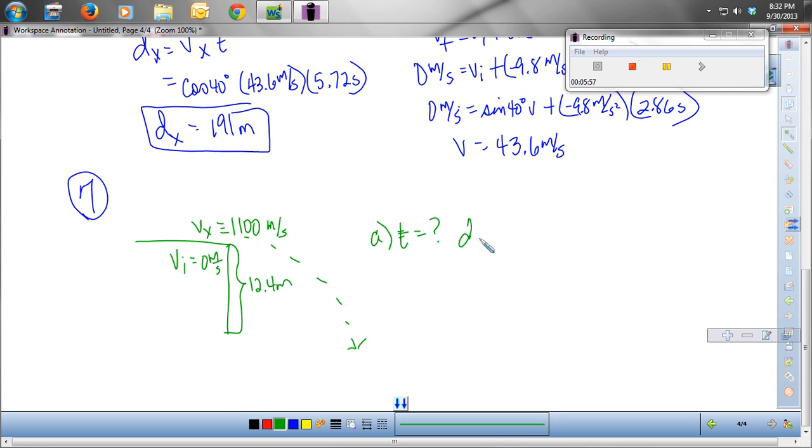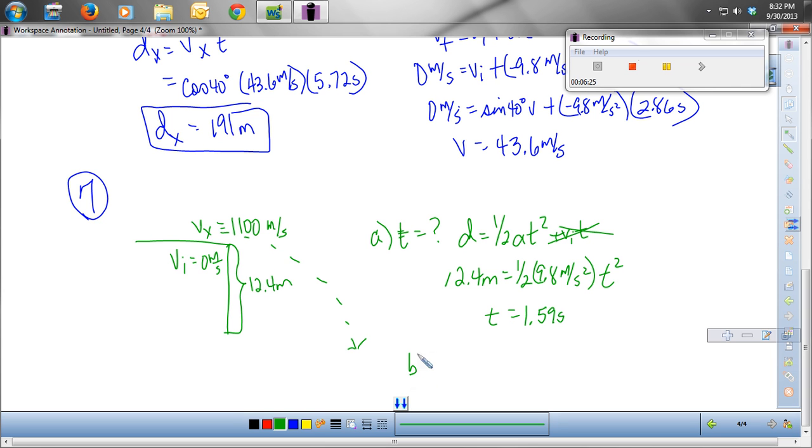Well, we have D equals 1/2 AT squared plus ViT. This is 0. This is 12.4 meters. And the reason that's 0 is it has no initial vertical velocity. Gravity is 9.8, and it's positive because it's coming back to the Earth. So I figured out that it's going to take 1.59 seconds to get to the Earth.